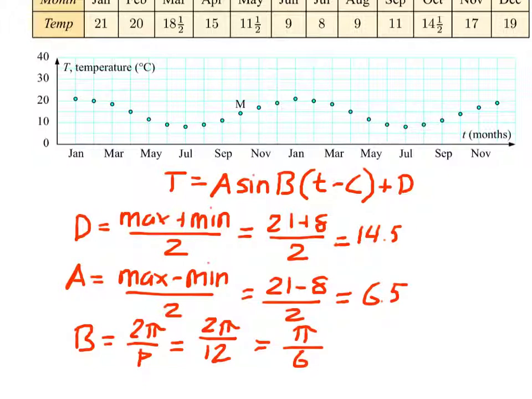The last thing that we need to find is C, and remember, to find C we need to find point M. Well, point M is going to be somewhere on the primary axis, and the primary axis is 14.5. So I could go up here and graph 14.5. It's going to be slightly below this line right here.